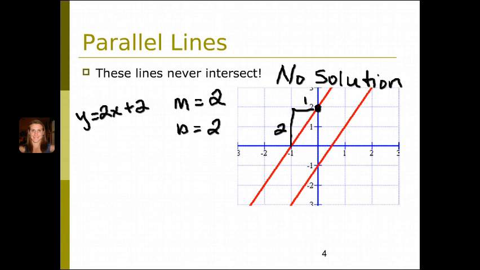Well, then our second line, our y-intercept is -1. And again, we rise 2, run 1.